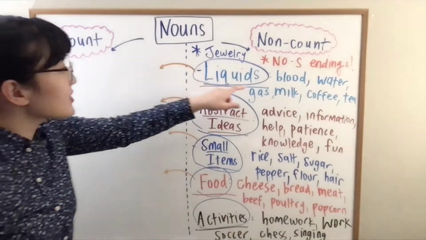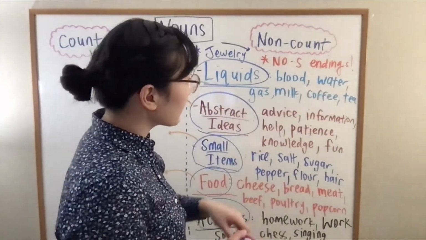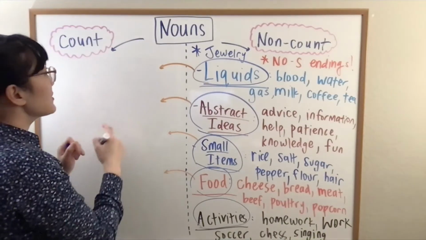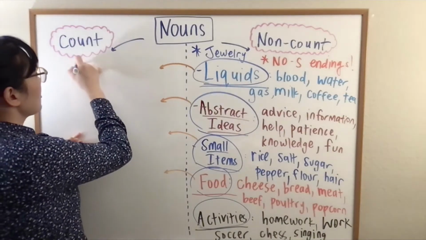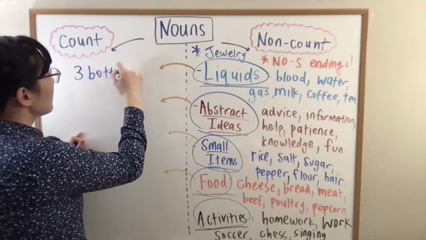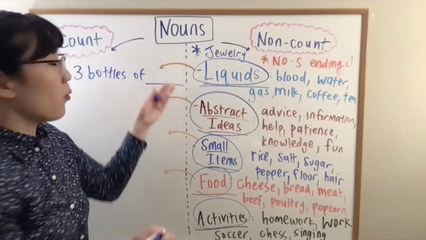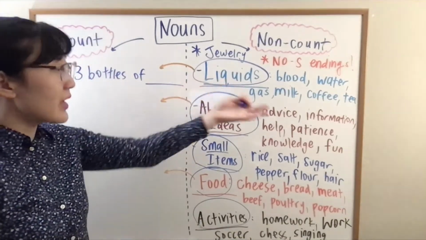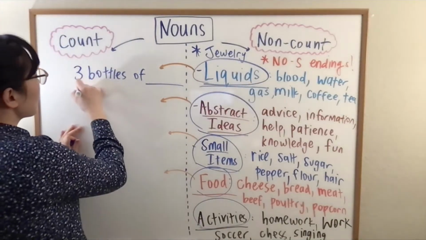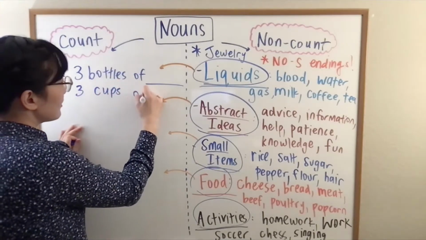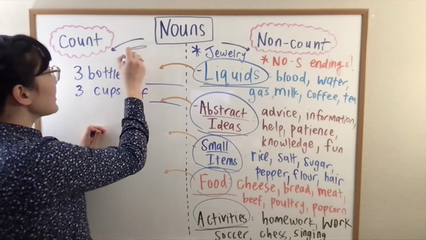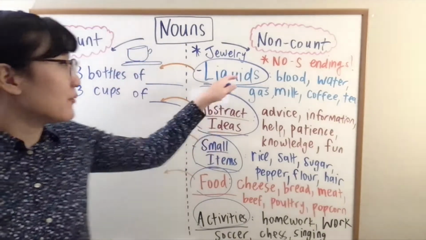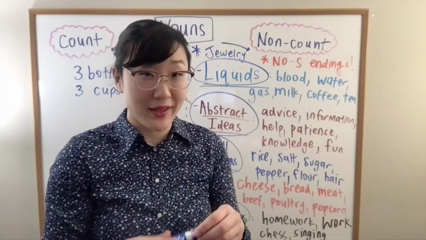So if I want to make it countable, I would say, oh, I have maybe 3 bottles of water, coffee, tea, right? I have 3 bottles of, and your liquid, or 3 cups of, right? I can count a bottle or a cup, that's not a problem, but I cannot count the liquid inside, okay?